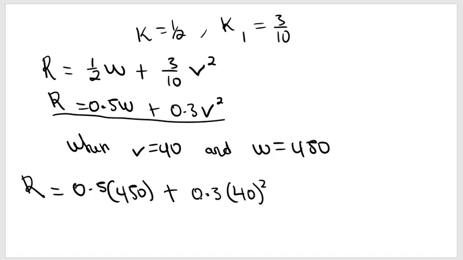So we simplify this, and we're going to get our R to be equal to 705. So you bring your unit, that is N. So that is the B.